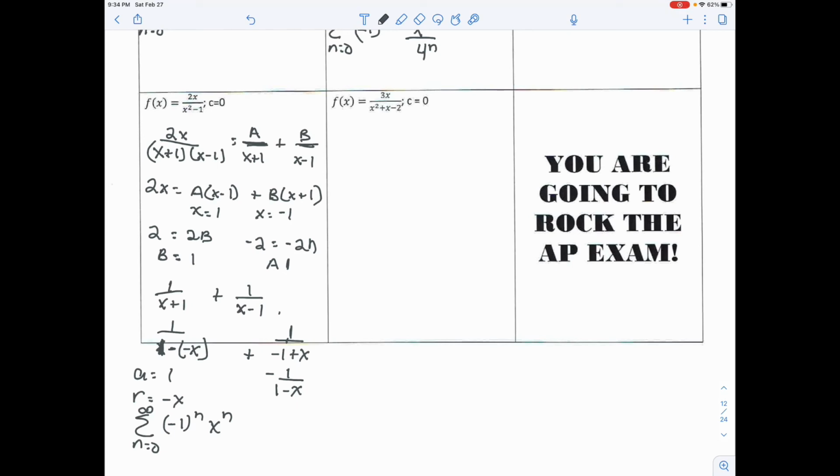So that would be minus the sum from n equals 0 to infinity, and my r is x to the n. And yeah, you can just add those two together.